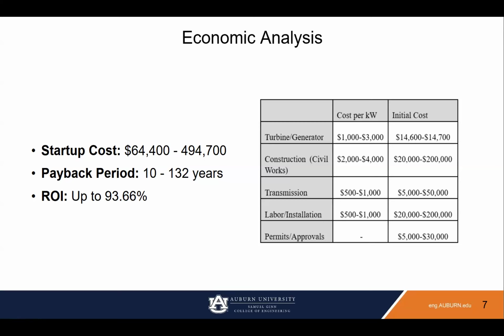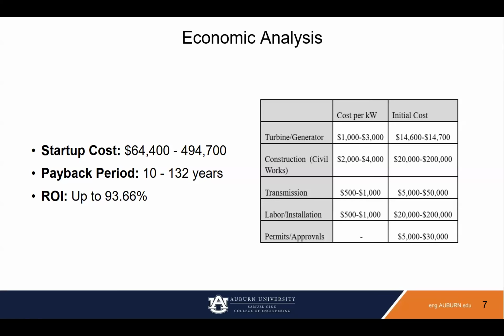Because the startup cost is so variable, the payback period is also incredibly variable, and so is your ROI. But to get an idea of low end and high end estimates, on the low end estimate, if your startup costs are $205,000, then you come back with a net annual savings of around $20,000, which means your payback period is about 10 years.